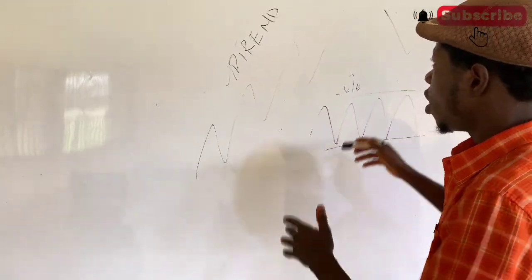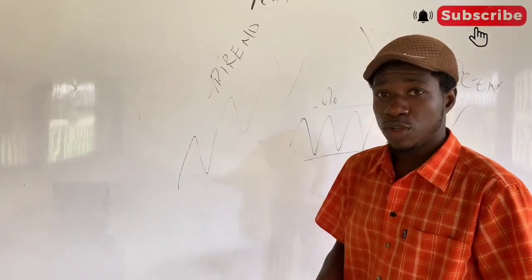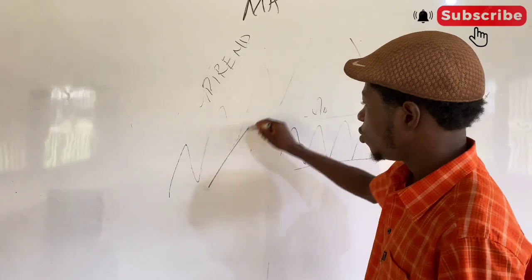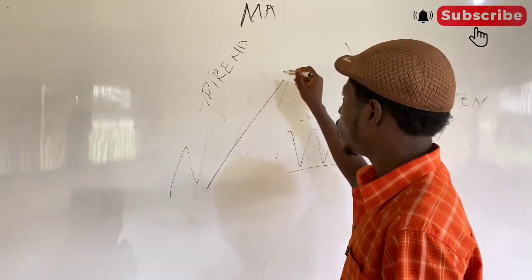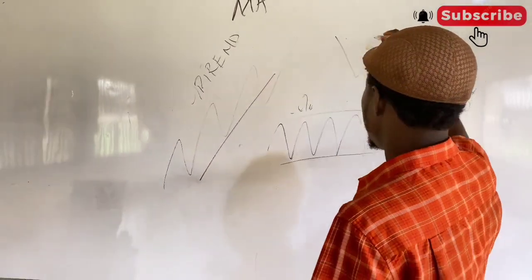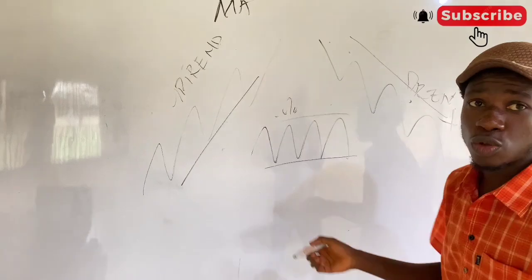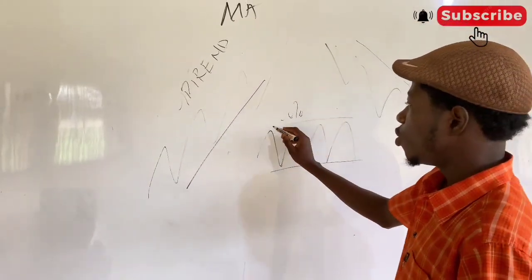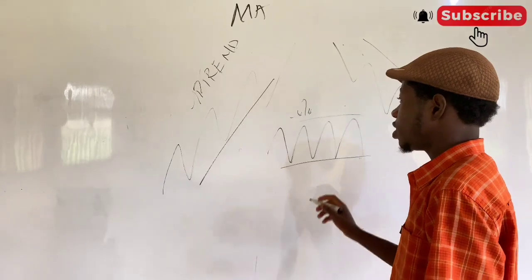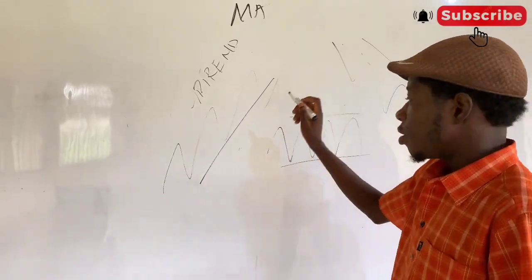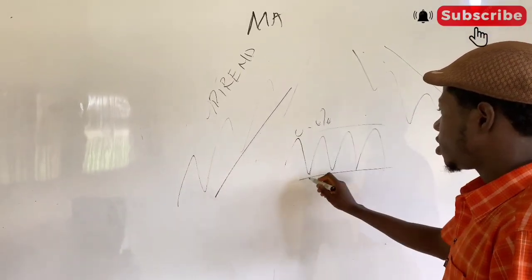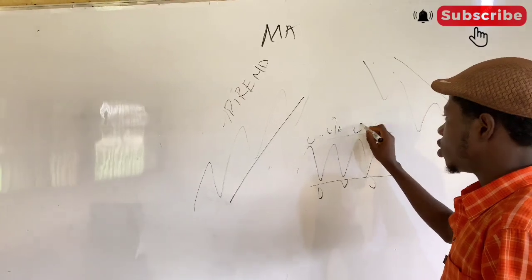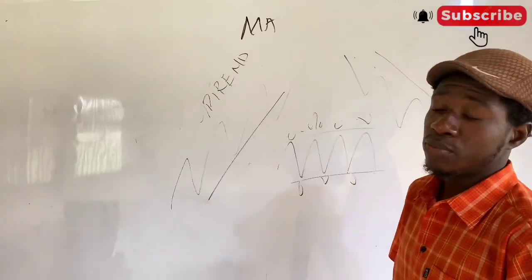So when you see the market trading up, you want to be looking for buys, and when you see the market trading down, you want to look for sells. And when you see a consolidation market, you either stay out of the market or you trade within the resistance that has multiple touches and the support that has multiple touches.